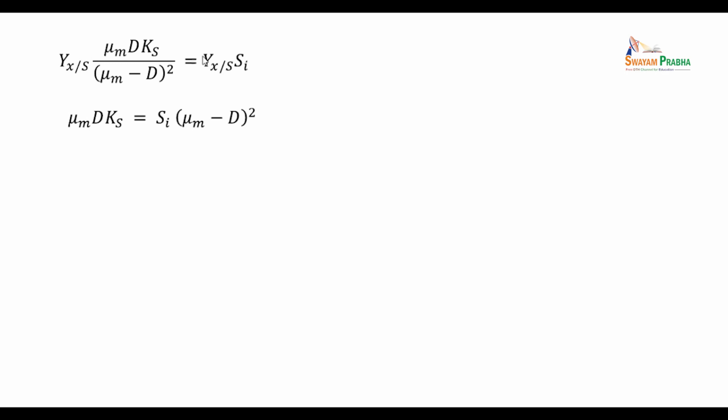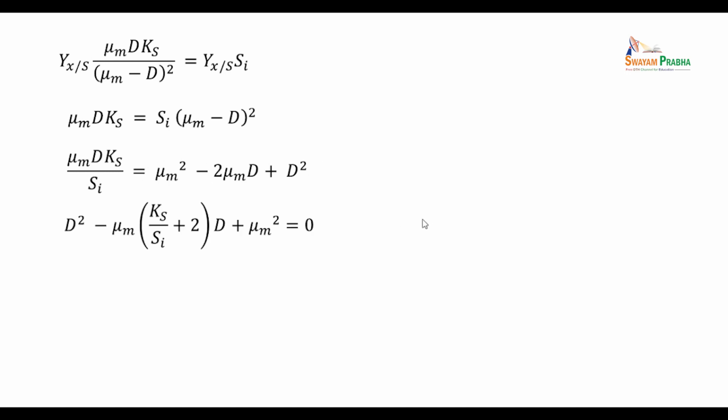This is just transposed to take one term to the other side. Now we can cancel out the Yxs and represent it appropriately, multiplying both sides by (mu m minus D) squared. We get this. Then we get the semblance of a quadratic equation: mu m Ks by Si equals, if you expand this, a minus b squared is a squared minus 2ab plus b squared, which is this.